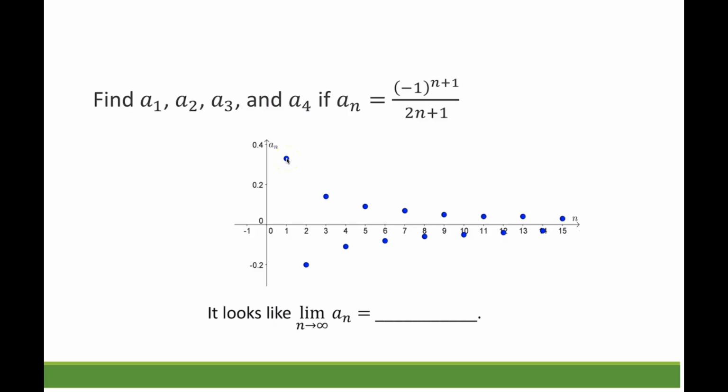So we can see 1/3, negative 1/5, positive 1/7, negative 1/9, and that those terms are going to alternate and bounce back and forth above and below that horizontal axis. But what's happening is they are getting closer and closer to 0 as n values approach infinity. So it looks like the limit as n approaches infinity of a sub n is 0.